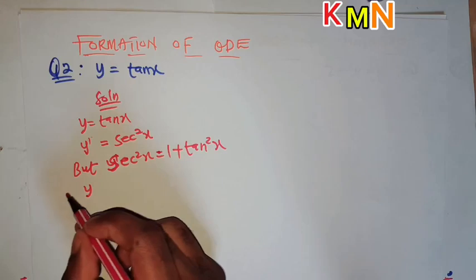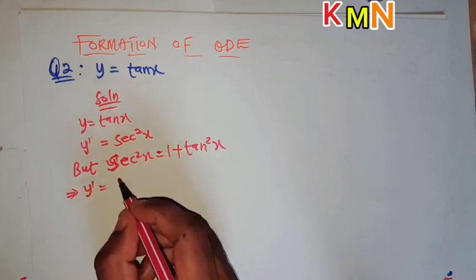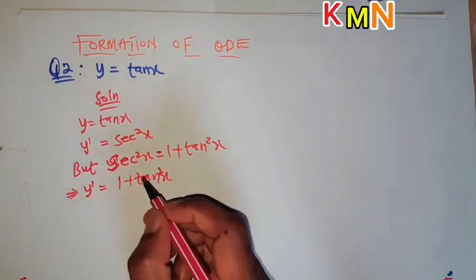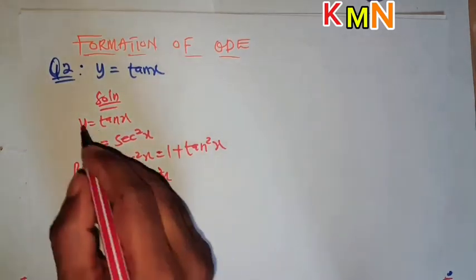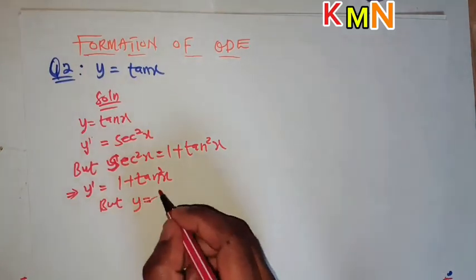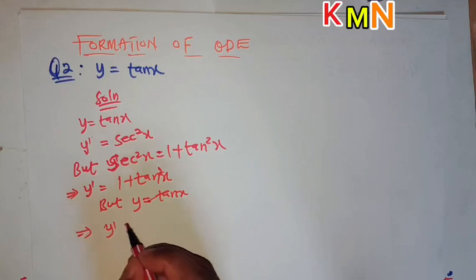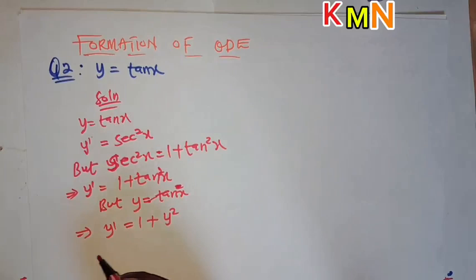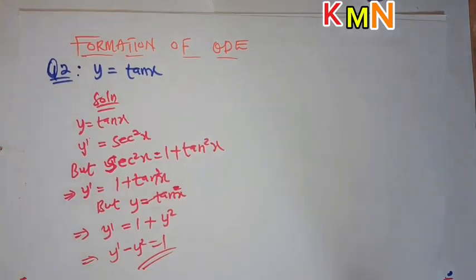So this implies that y prime is equal to 1 plus tan square x. But we know that y is equal to tan x, and hence we can also say that y prime is equal to 1 plus y squared, and hence our differential equation. So very simple.